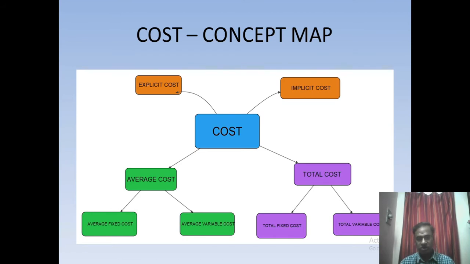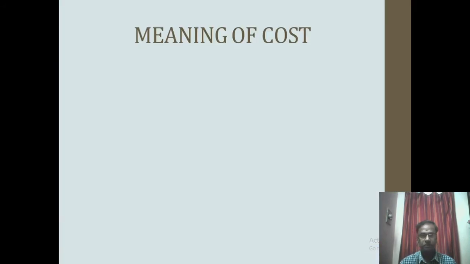The costs are divided into two, that is total cost and average cost. In the total cost, we have total fixed cost and total variable cost. Likewise, in average cost, we have average fixed cost and average variable cost.